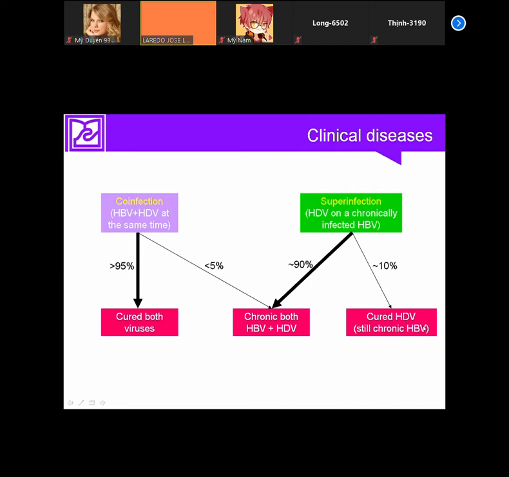So they will remain chronically infected by hepatitis B virus. They were chronically infected by hepatitis B virus before, and they will remain so, but not hepatitis D virus.